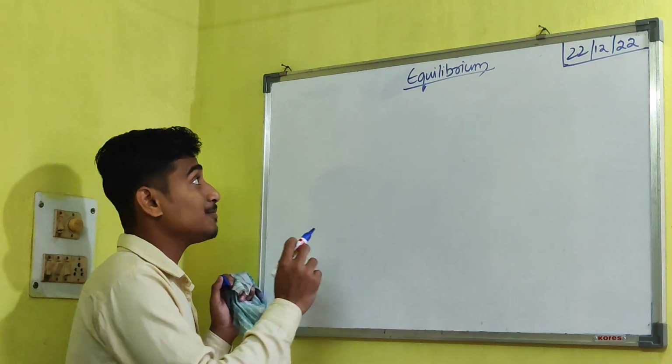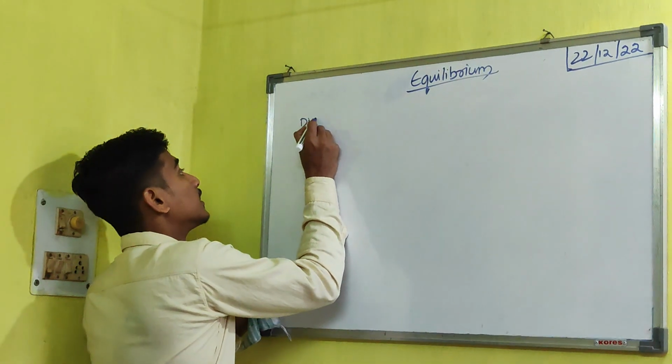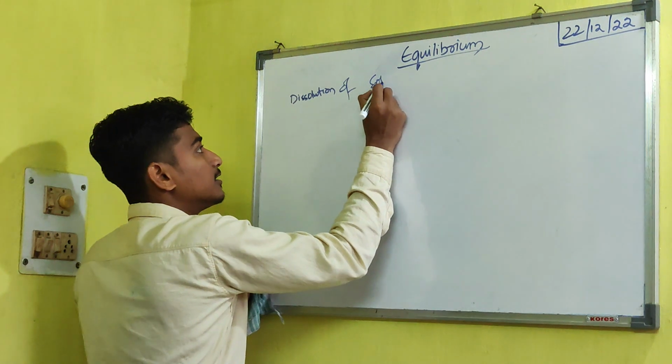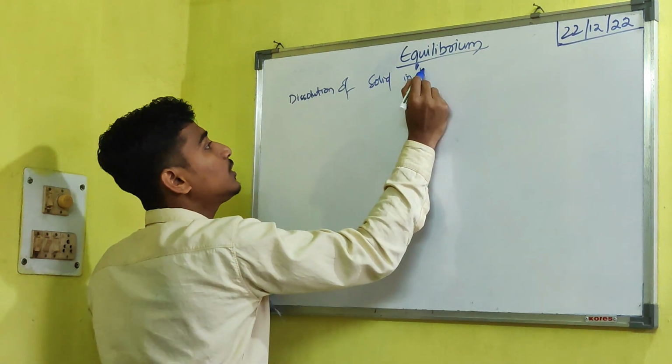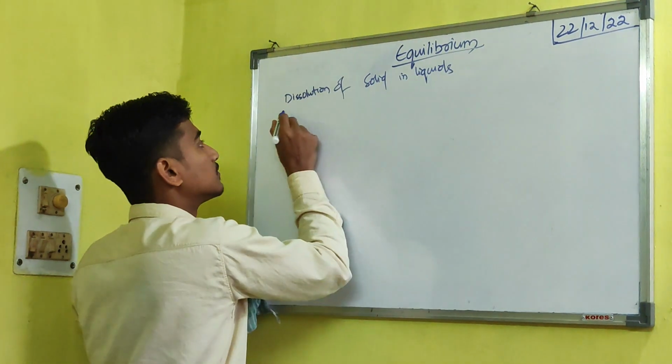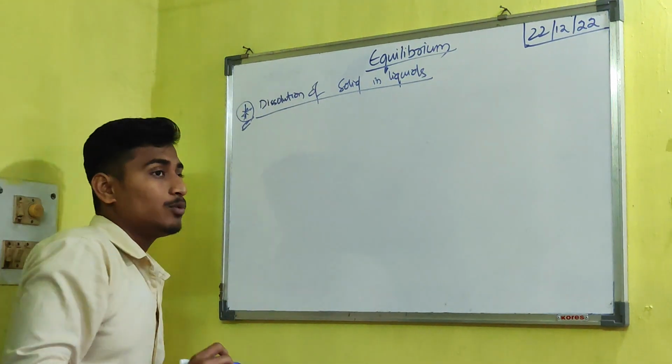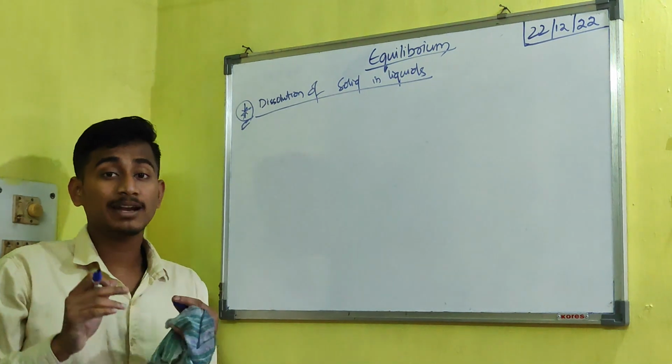Let's take the type of dissolution of solid in liquids. This is very, very important. We can take a simple example of sugar and water.